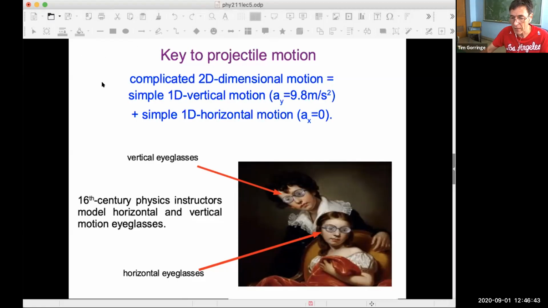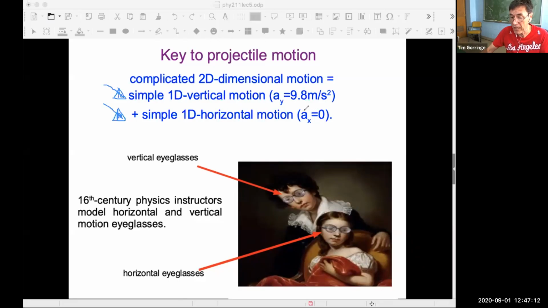The key thing about understanding projectile motion is to break it out into a simple one-dimensional vertical motion, in which you have an acceleration of 9.8 meters per second squared, the acceleration of gravity, and a simple one-dimensional horizontal motion with an acceleration in the horizontal direction that's 0.